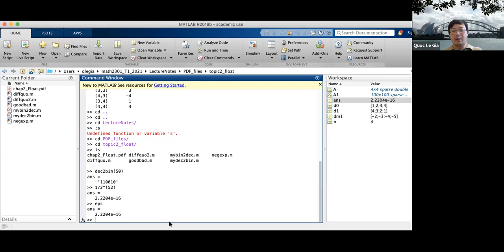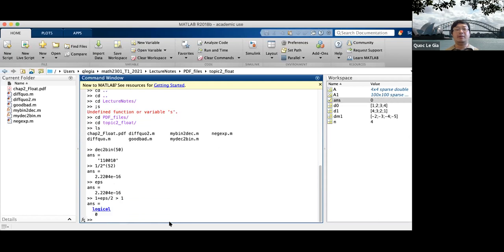If I take 1 plus epsilon over 2 and say that it is bigger than 1, is it correct? By calculus, it should be correct, right? No. You type it in, and it says no. Why is that? Because epsilon is just the gap between 1 and the next machine number.